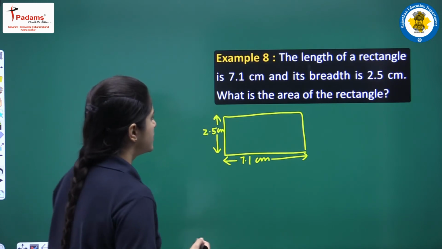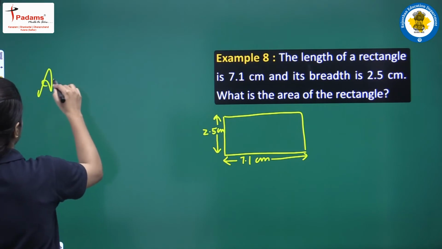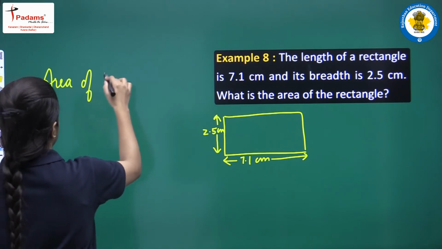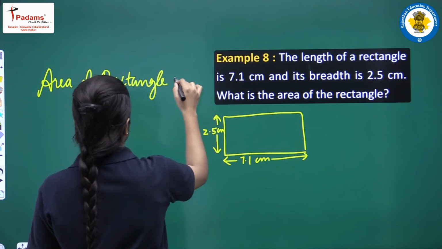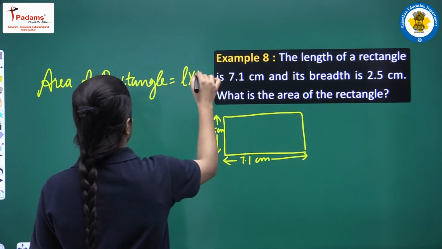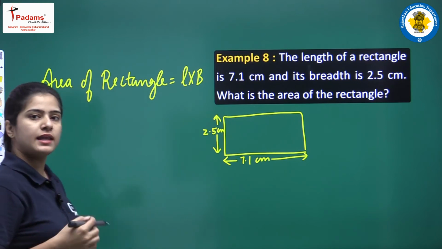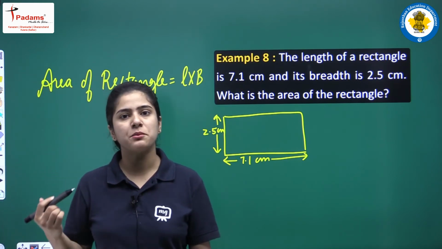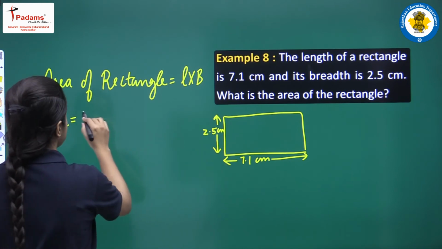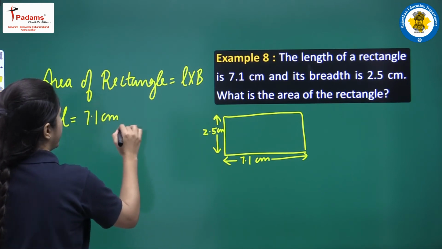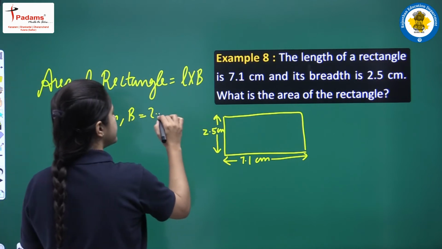Alright, students. So, the area of a rectangle is equal to length into breadth. Alright, students, its formula is length multiplied by the breadth. Okay, whereas we are given the length is equal to 7.1 centimeter and breadth is equal to 2.5 centimeter.